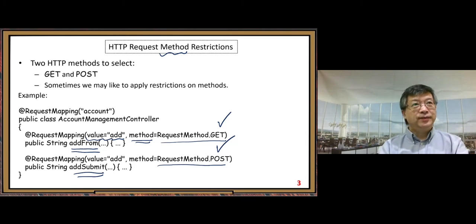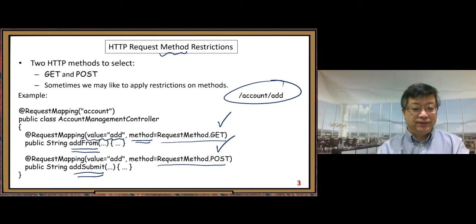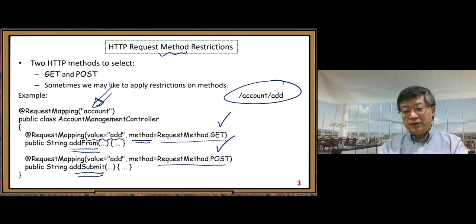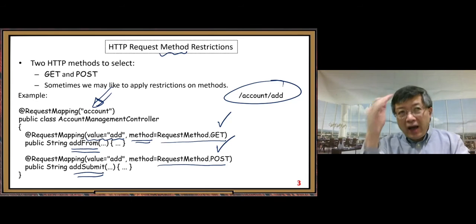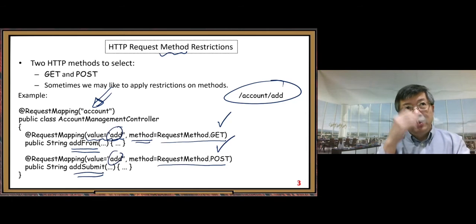Now, the URL pattern to call these two methods. We use the same URL pattern: account mapping on the controller class, then slash add. It matches both. Which one should we call?